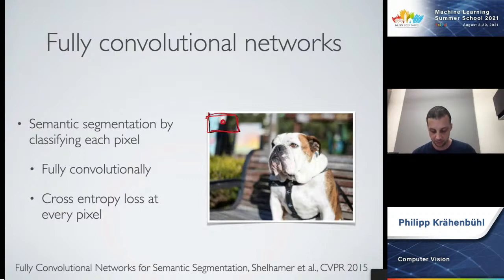Then I move over a little bit, look at an overlapping patch, and classify the next pixel. I'm just going to run lots and lots of classifications, and that will give me a dense output. I can do the same thing with a regression network. I can run lots and lots of regressions and get a dense regression output.